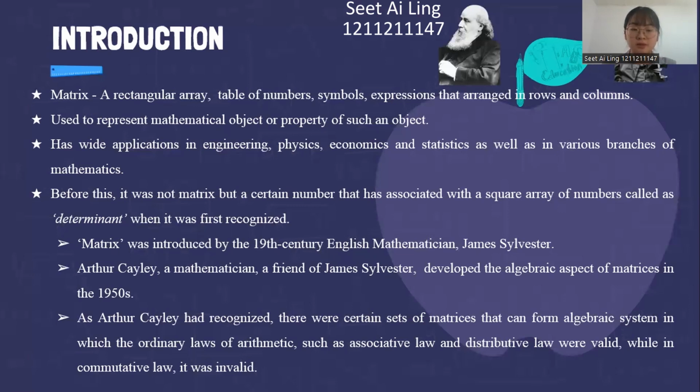As Arthur Cayley had recognized, there were certain sets of matrices that can form algebra systems in which the ordinary laws of arithmetic, such as associative and distributive, were valid, while the commutative law was invalid.